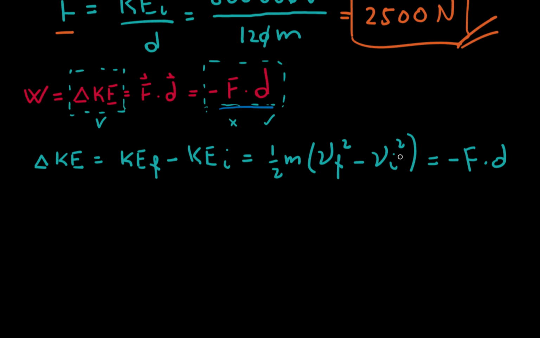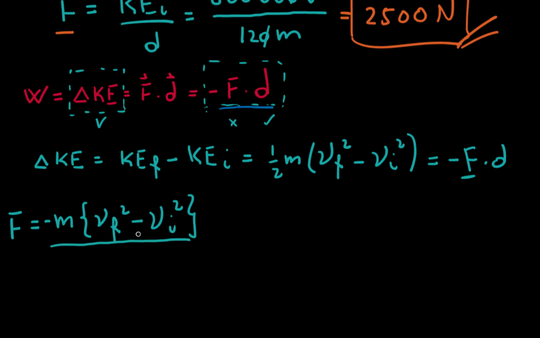I have both of my speeds, I have my mass, I have my distance, and I'm trying to figure out what F is. So we can do it all in one go. F equals mass times velocity final squared minus velocity initial squared, and there's a minus here, yep, divided by 2 times the distance.